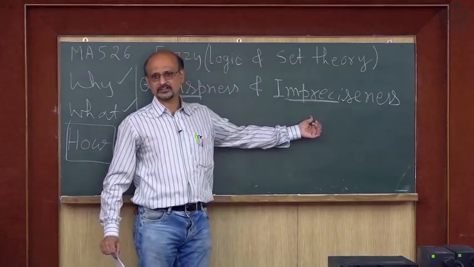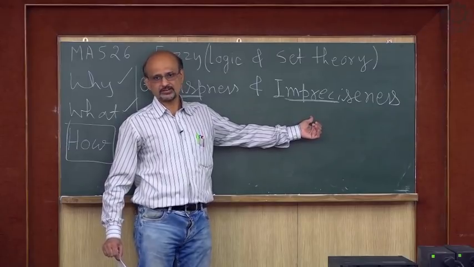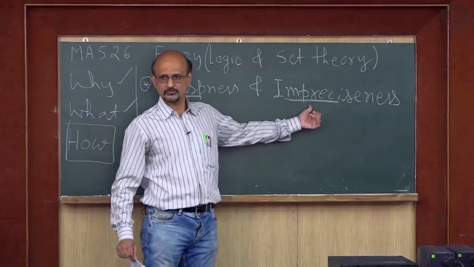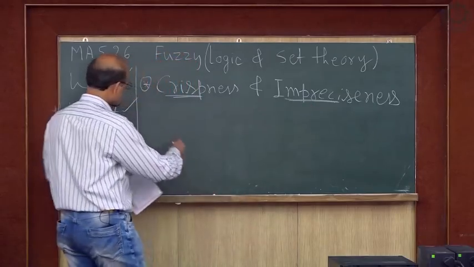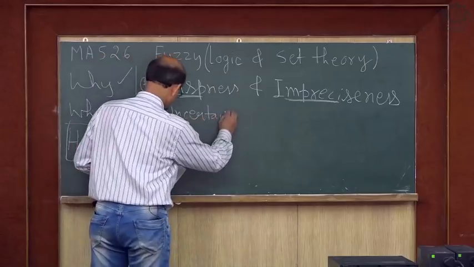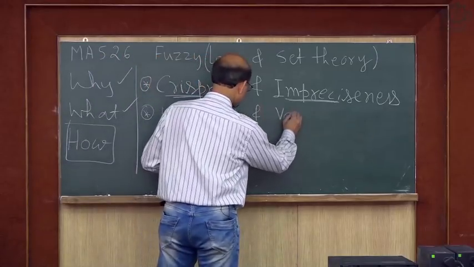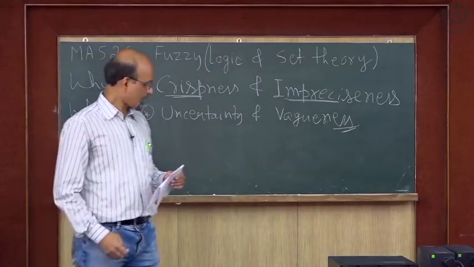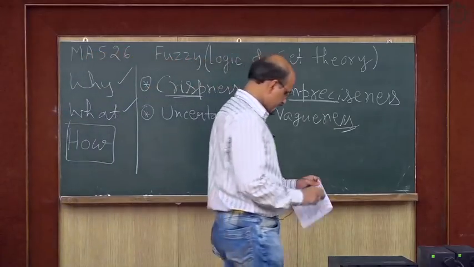That means your variables are not exact. Okay? So this is crispness versus impreciseness. Understood? Now comes uncertainty and vagueness.